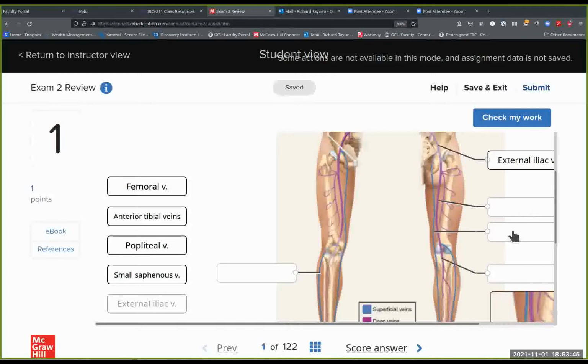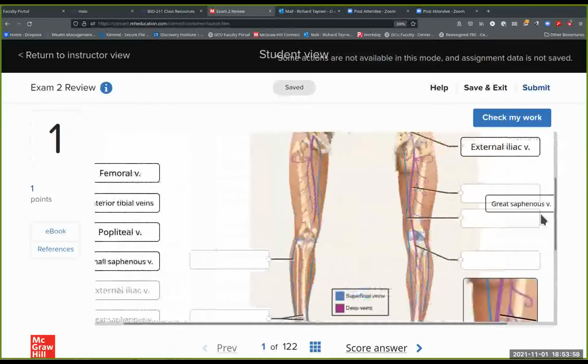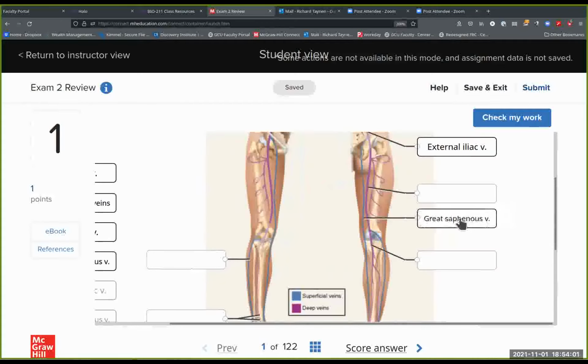Or how about this? That would be the great saphenous. The one above it would be the femoral. Yep.